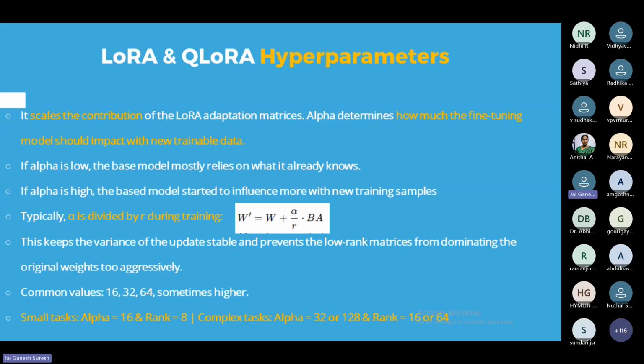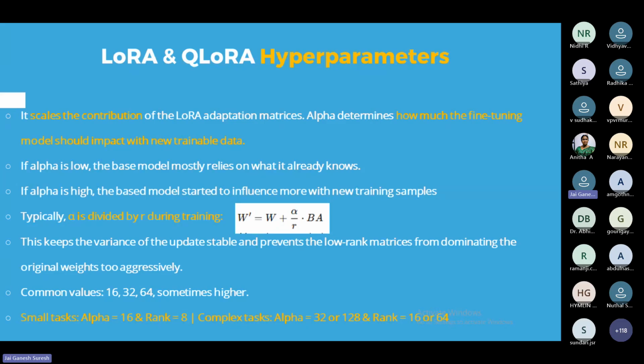This keeps the variance of the update stable and prevents the low rank matrices from dominating the original weights too aggressively. It makes sure your alpha factor is not affecting your original weights, and the weights are updated reliably based on the newer data.